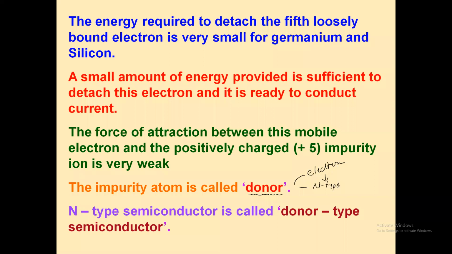Please remember this. Most of the time this sentence may also be asked in an MCQ type of question. And as this pentavalent impurity donates the free electron, that's why we call it an N-type semiconductor, and it is also called a donor type of semiconductor. Is that clear? And the charge of an N-type semiconductor is electrically neutral.